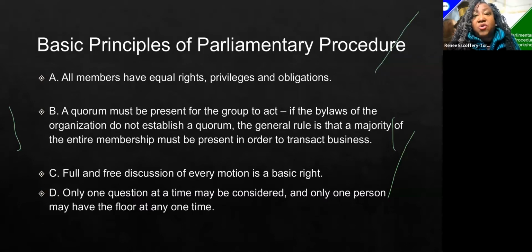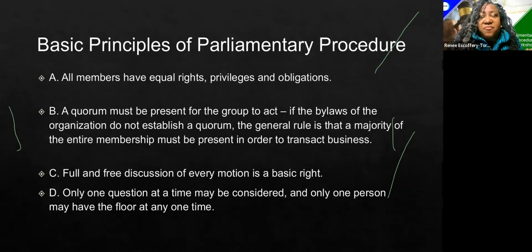If the bylaws don't establish the quorum, the general rule is that the majority of the entire membership has to be present in order to transact business. That's why a lot of organizations or chapters, associations or societies, will establish the quorum, because the quorum is just the minimum number of persons needed to conduct business.